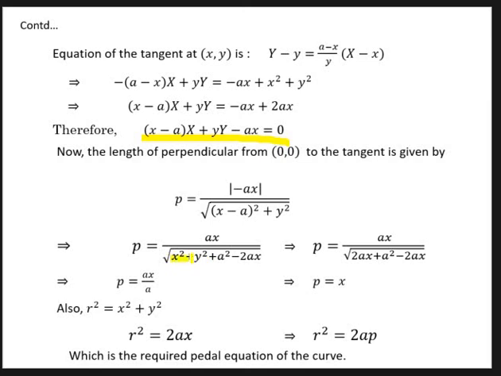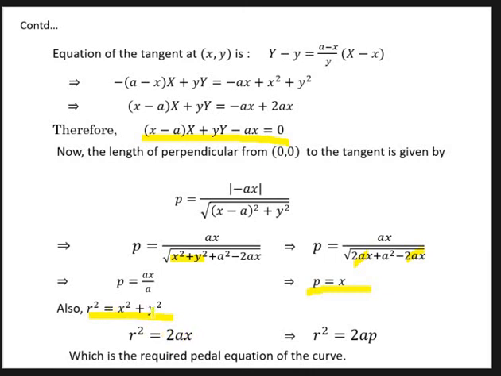So, replace x square plus y square by 2ax. Now 2ax gets cancelled. So ax by root a square means p is equal to ax by a. Again a gets cancelled, which implies p is equal to x. And also we have r square is equal to x square plus y square. So r square is equal to 2ax.